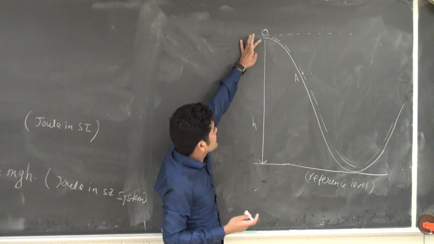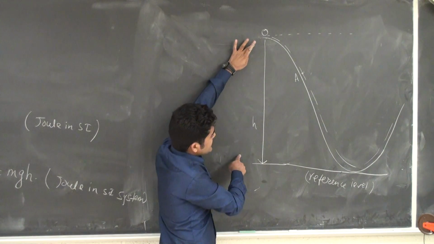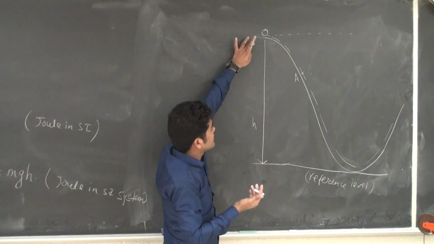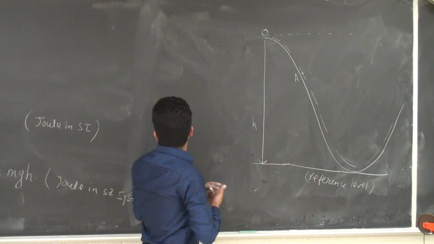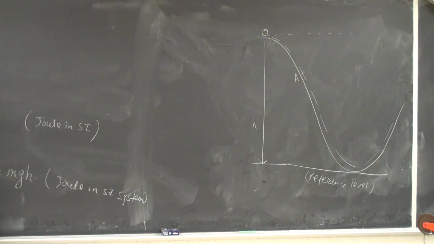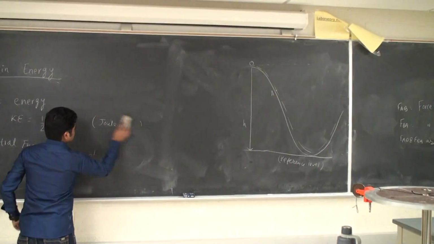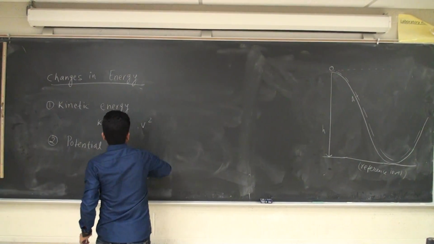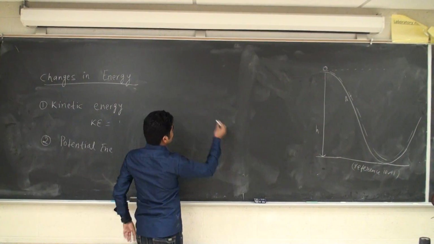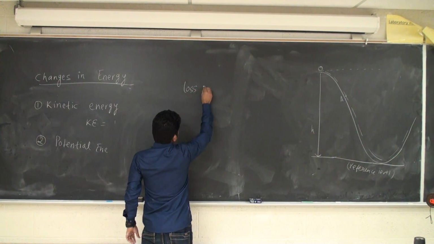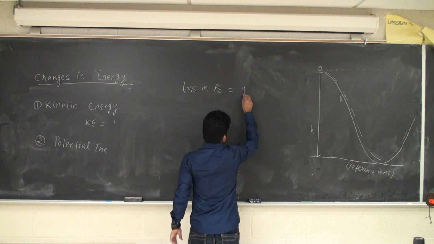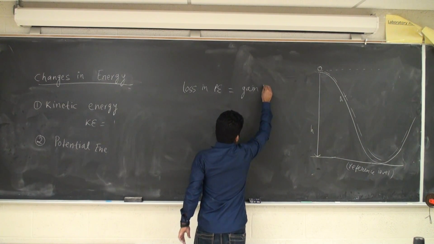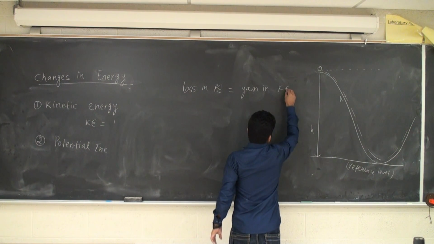At this point, the potential energy is mgs, and the object loses potential energy, which is converted into kinetic energy. So we can say that loss in potential energy is equal to gain in kinetic energy.